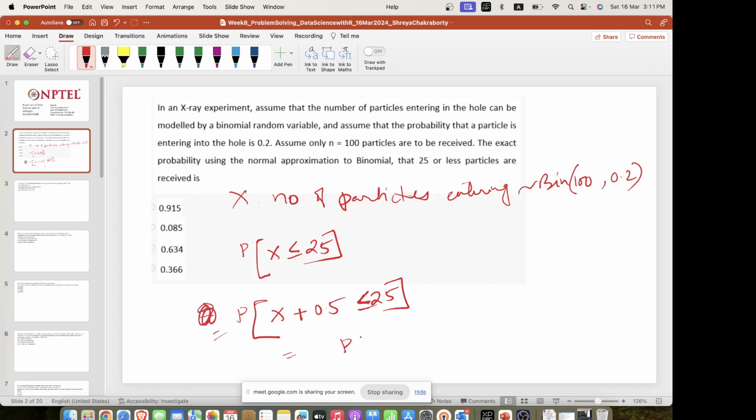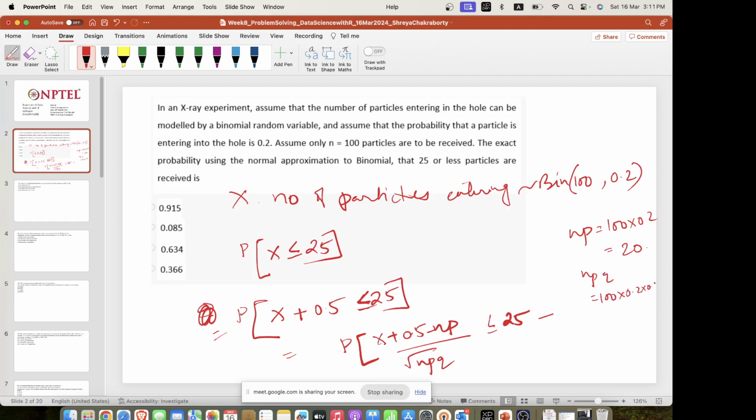So then now probability x plus 0.5 minus np by root over npq would be 25 minus np is how much? 100 into 0.2, so it will be 20, and npq is how much? 100 into 0.2 into 0.8, so this would be 20 into 0.8, so this would be 16.